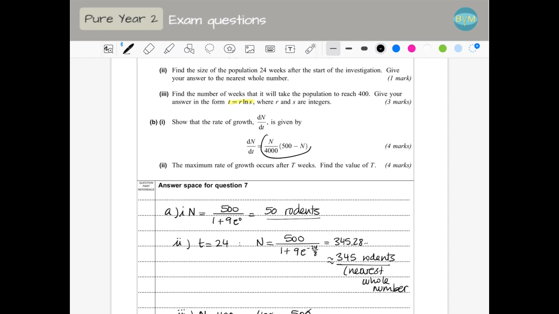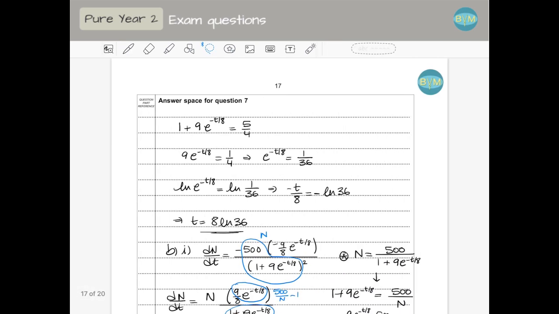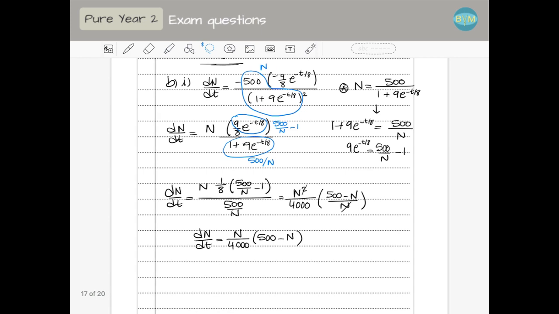So this is the growth, and this is what we need to maximize. So we need to differentiate it with respect to n and make that equal to 0. So to differentiate, I'm going to expand the bracket.